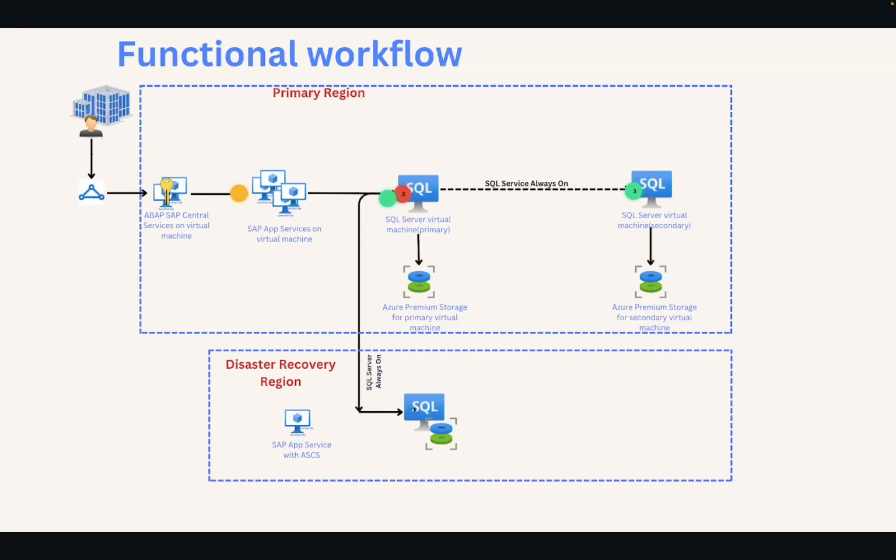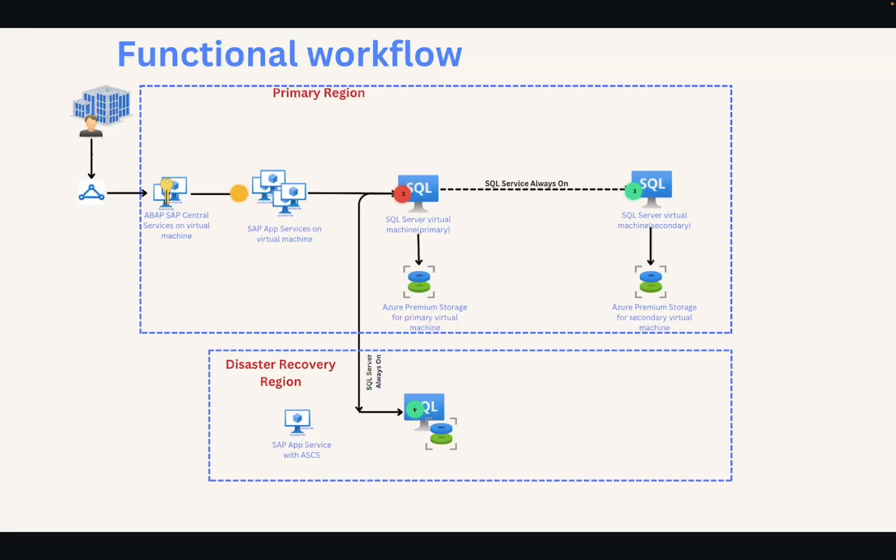That's a synchronous replication, and then the same server is sending the data to the secondary region server, which is an asynchronous replication, and the user is going to get the reports back via the central services. Now let's take a closer look.